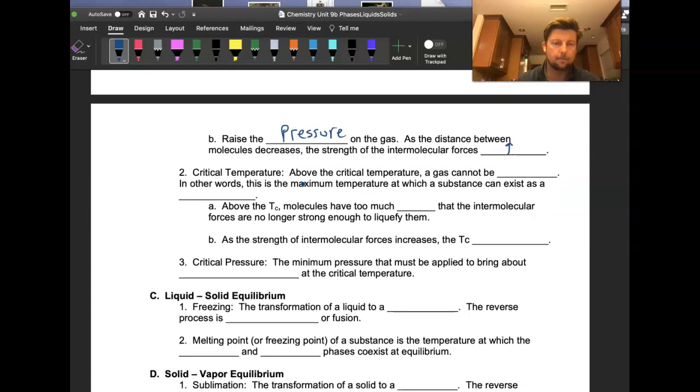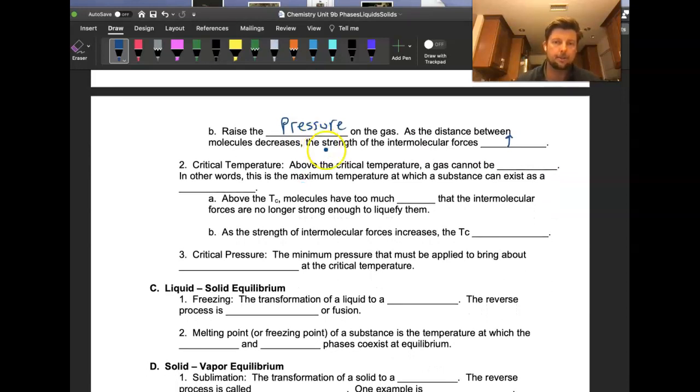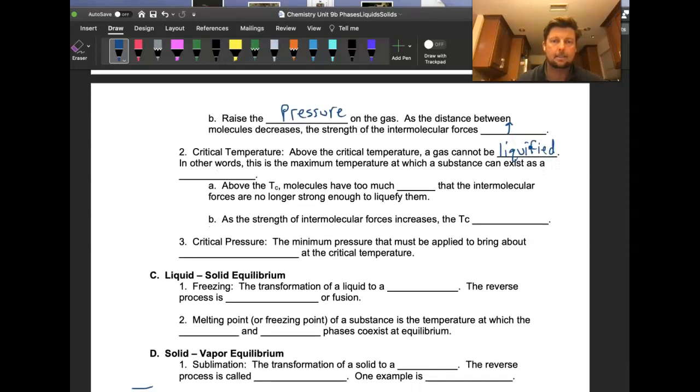All right, critical temperature. Above the critical temperature, a gas cannot be liquefied. So this is the maximum temperature at which a substance can exist as a liquid. So above the critical temperature, it cannot exist as a liquid.